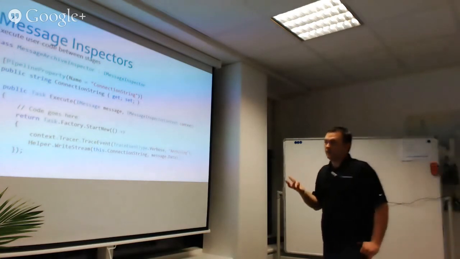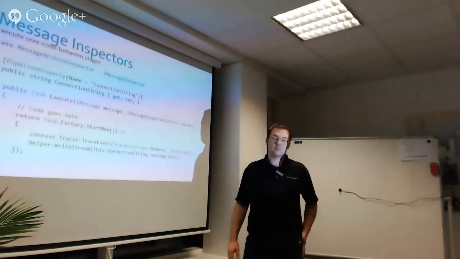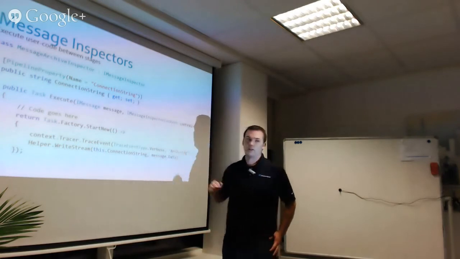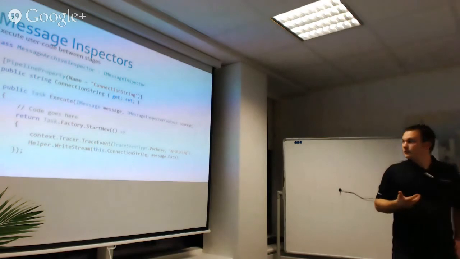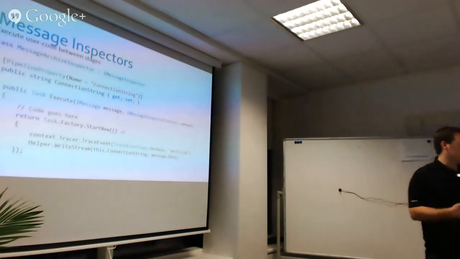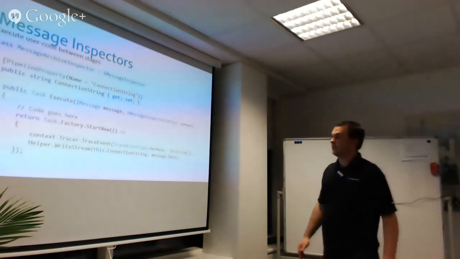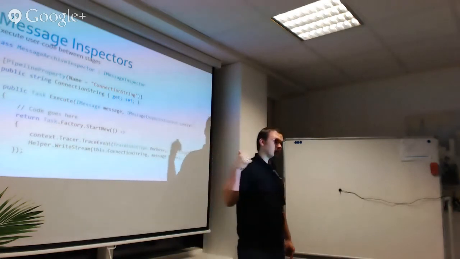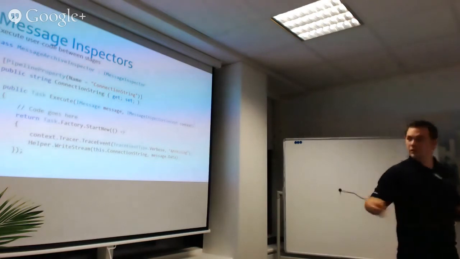And then there's one method, which is pretty similar to the one that we know in BizTalk pipeline components. It's an execute one. You get a message, and you get the context of the call where you can do things with. The difference is that you need to return a task, so it gets executed async. You can also write to the diagnostics table. I talked about that. You have a storage account. You saw me creating one. So they will be written.